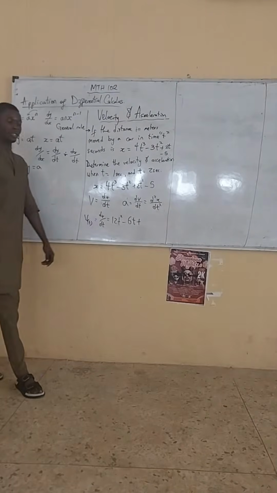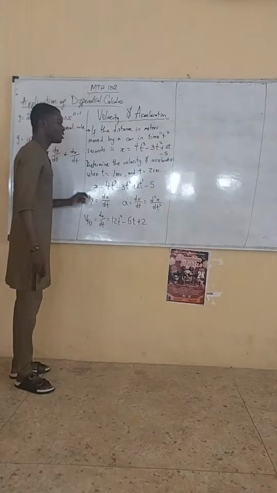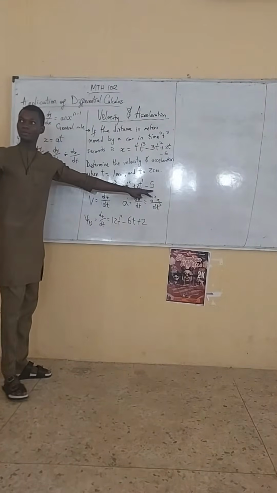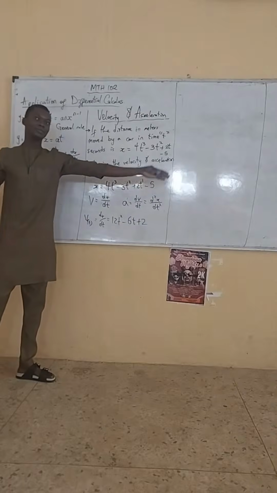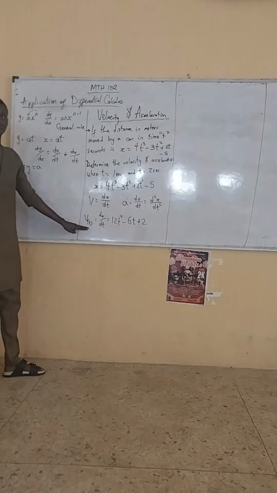Anything raised to power 0 is 1. So that means you have plus 2. The derivative of the constant is what? 0. Constant means the one that doesn't have the t. That's 0.